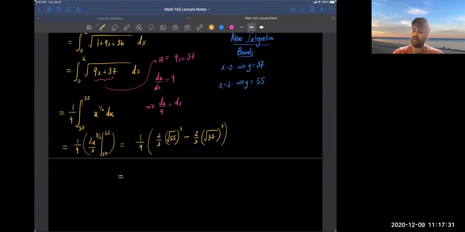And you can take out the 2/3. So if I take out the 2/3, I'll get 2/27 times the square root of 55 cubed minus the square root of 37 cubed. And this would be the exact form.